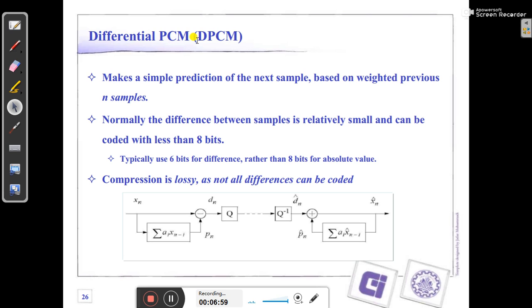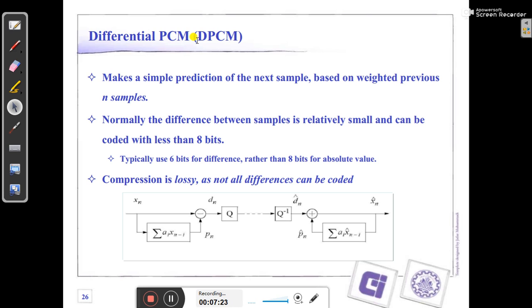So what is the point here? The difference between samples is relatively small and can be encoded using 8 bits or less. Typically we use 6 bits for the difference rather than 8 bits for the absolute value. Compression is lossy as not all differences can be coded.